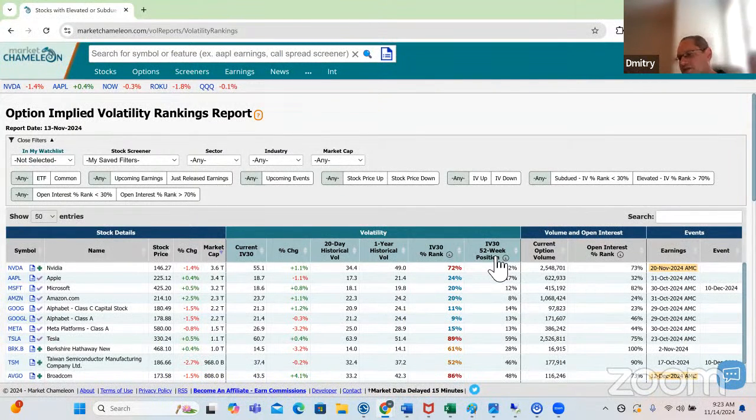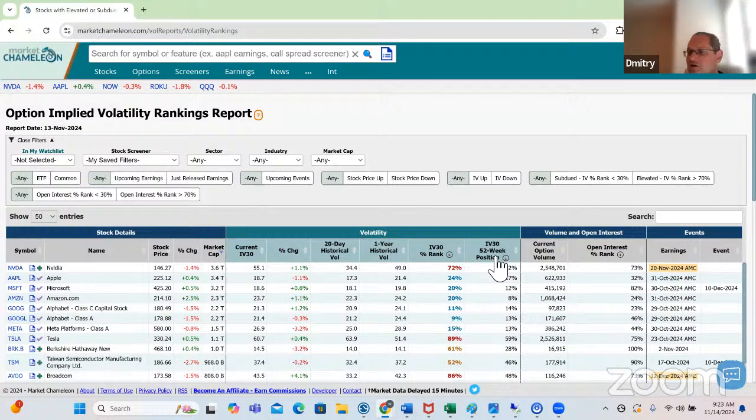It says, what is the lowest and highest IV in the last year? So let's say the lowest IV is 10 and the highest is 100, those are the numbers it uses. It doesn't look at anything in between.